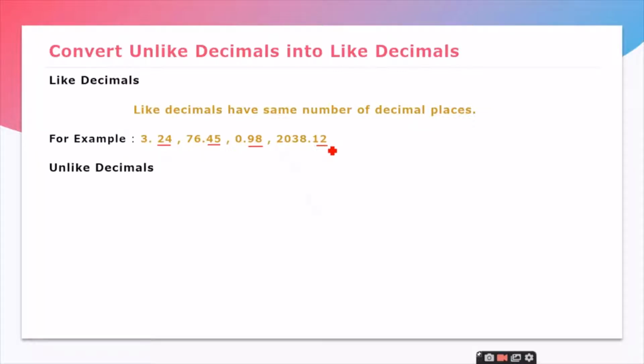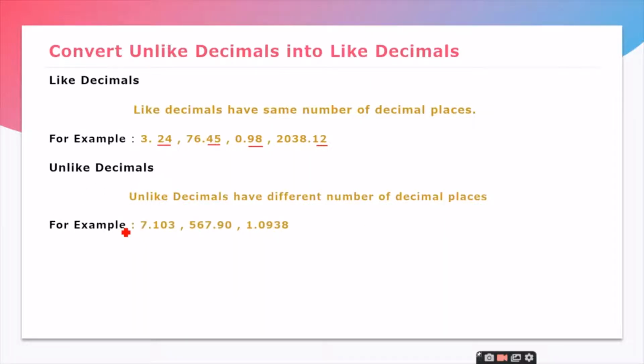Unlike decimals have different numbers of decimal places. For example, 7.103, 567.90, 1.0938. In all these numbers we have different decimal places. In the first one we have 3 decimal places, in the second one we have 2, and in the last one we have 4 decimal places.